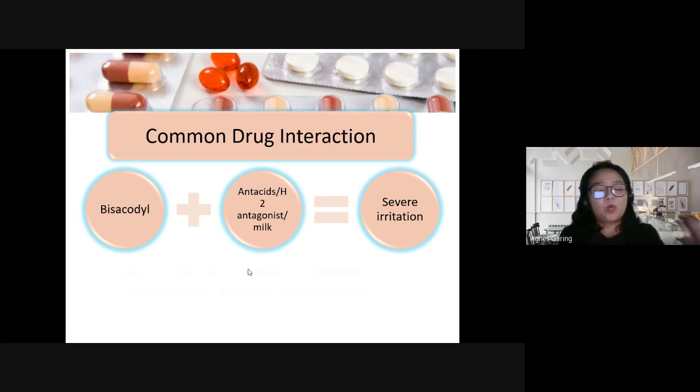So, once the bisacodyl, okay, is taken by the patient and then nag-take din siya ng antacid, si bisacodyl might disintegrate in the stomach. Because remember, the design of bisacodyl is enteric coated tablet which should be absorbed or disintegrate in the basic environment or a neutral environment.